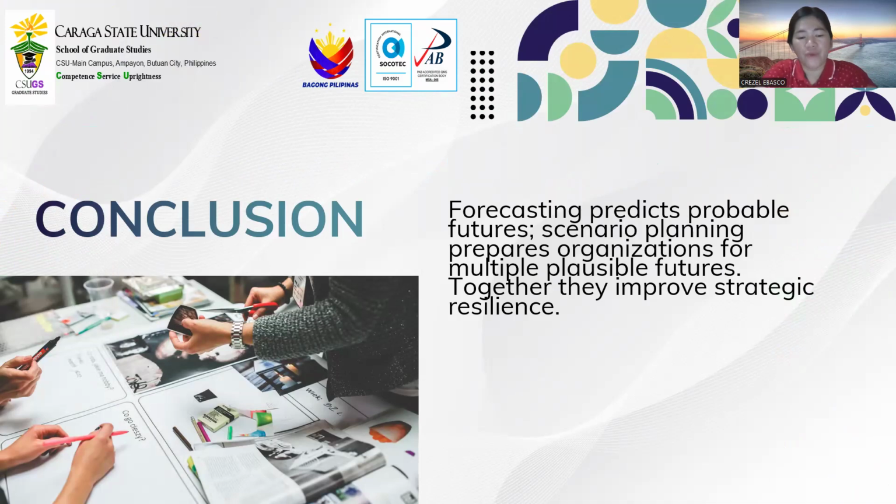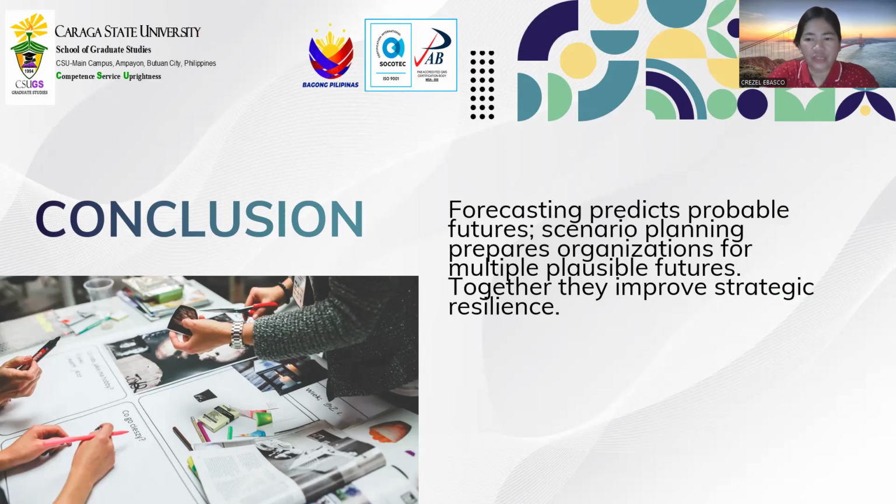To conclude, forecasting and scenario planning are complementary strategic tools. Forecasting estimates probable future outcomes using data and statistical models, while scenario planning prepares organizations for multiple possible futures by considering uncertainties.